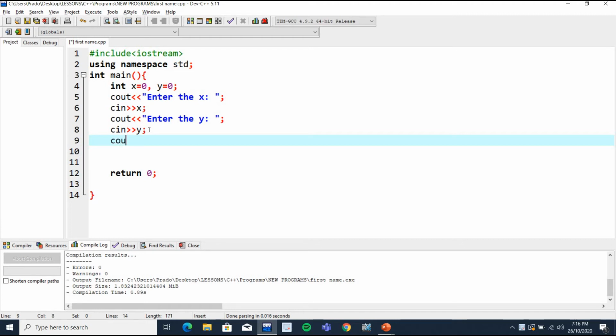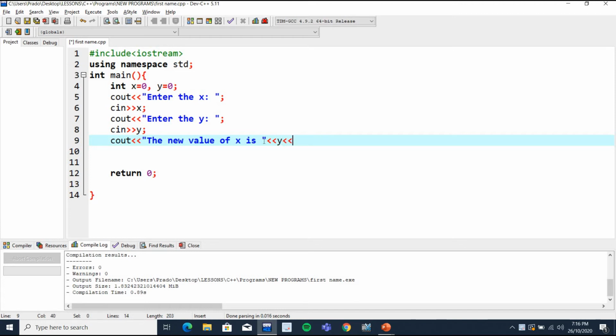So, we will type the cout, and then the new value of x is space. And then, saka natin tawagin si y kasi nga pagpapalitin natin. So, the value of x is y.